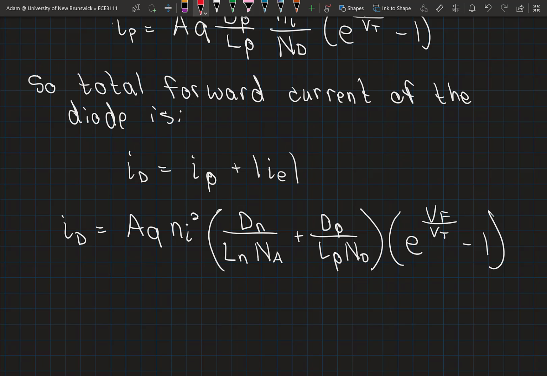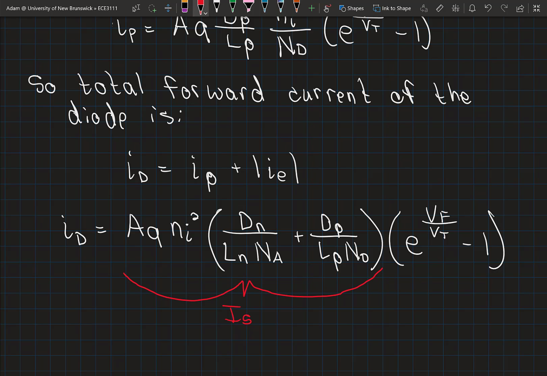We don't tend to define our currents with this level of detail, and we lump all of this component into what we call our saturation or scale current.